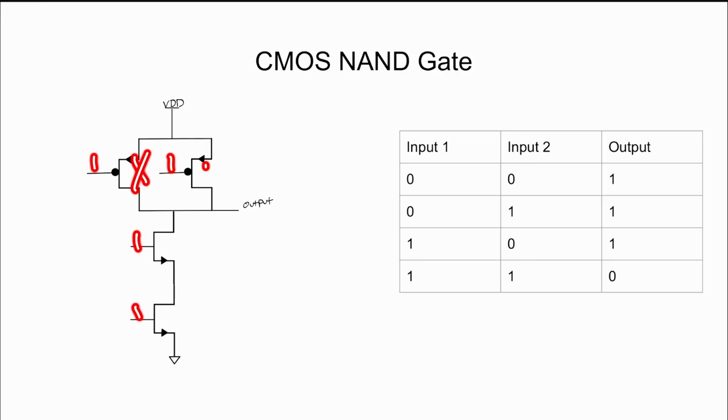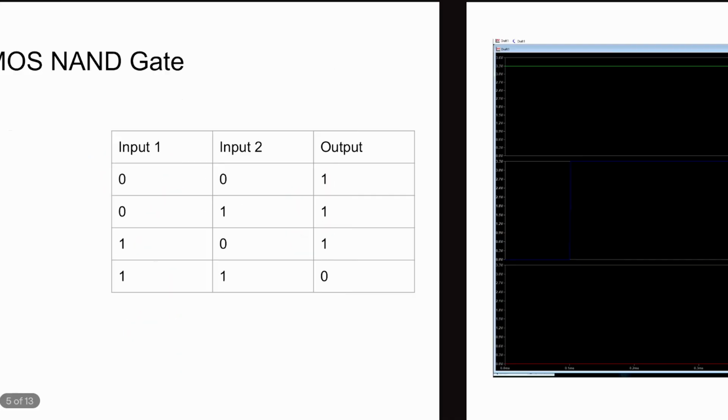And for the all 1 test case, neither of those PMOS transistors conduct, and the 2 series NMOS transistors in the pull-down network conduct, tying our output to 0 volts, ground, or logic 0, depending on what you want to call it.